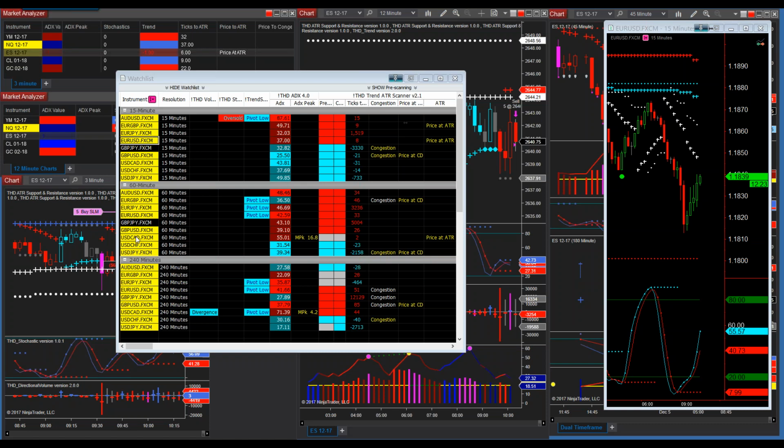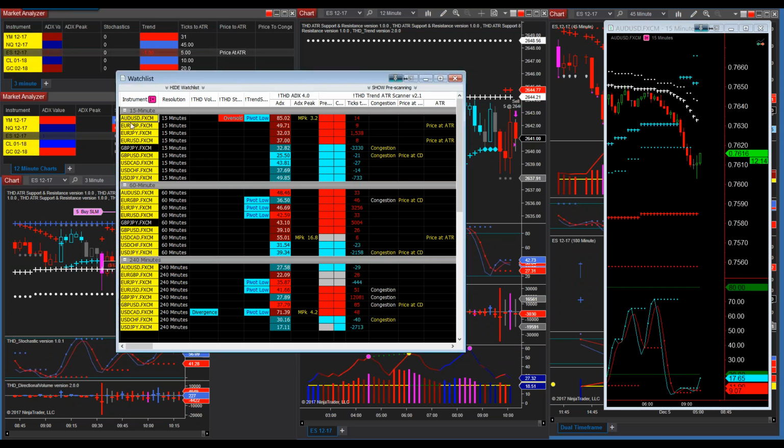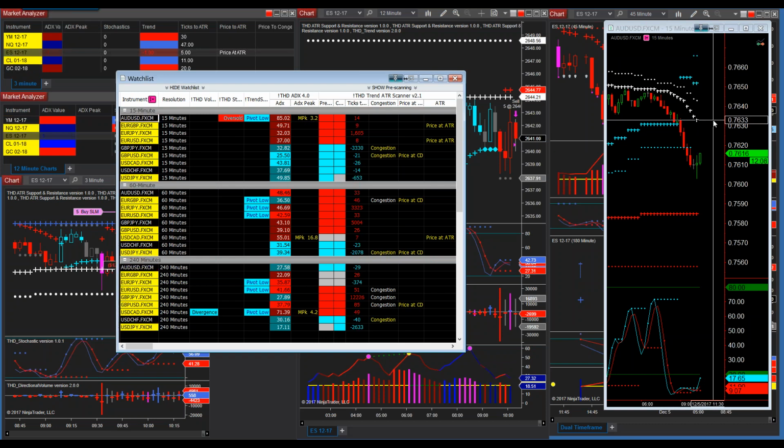You can, let's see, the USD CAD does have the magenta peaks. Now I'm getting interested in the Aussie dollar because we're getting that magenta peak. What does that mean? That means we should retrace back to here.